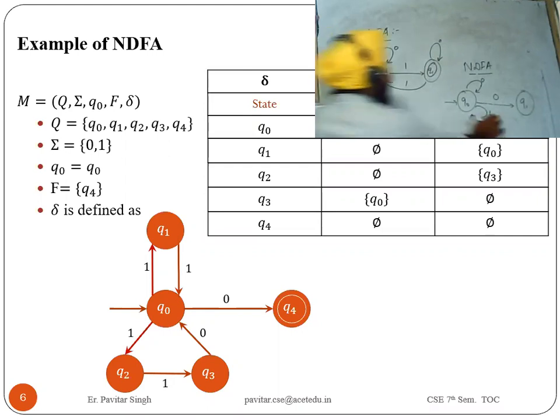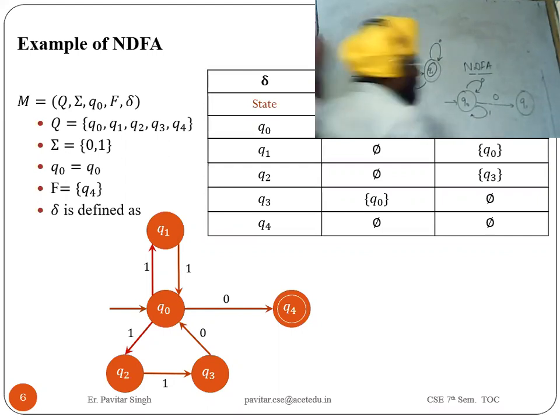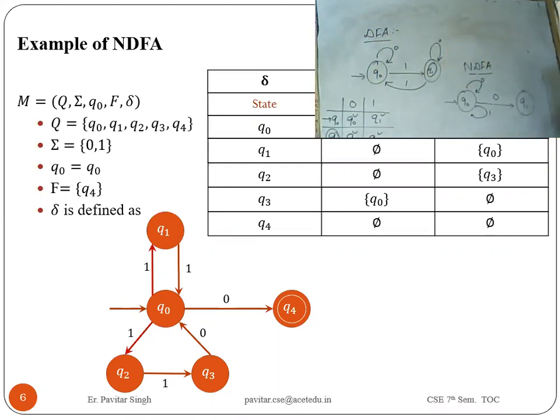But in case of NDFA, here Q0 is initial and Q1 is final, and 0 and 1 are inputs, right? Q0 upon the processing of 0 goes to Q0 comma Q1. So here you can see that you are getting multiple outputs, more than one output.